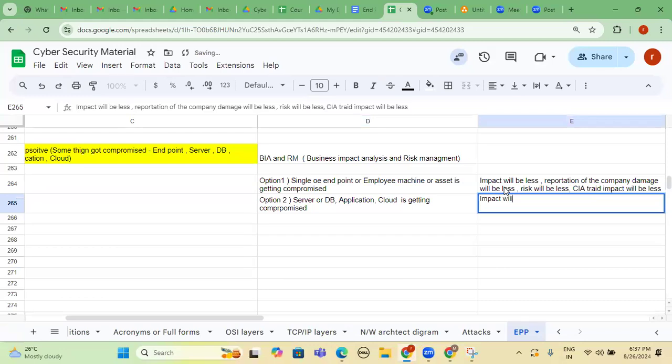Impact will be more, outage will be more. In a similar way, CIA triad impact will be more, risk is more, and reputation of the company damage will also be very impacted.